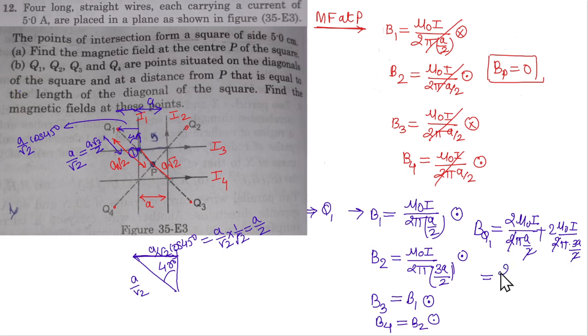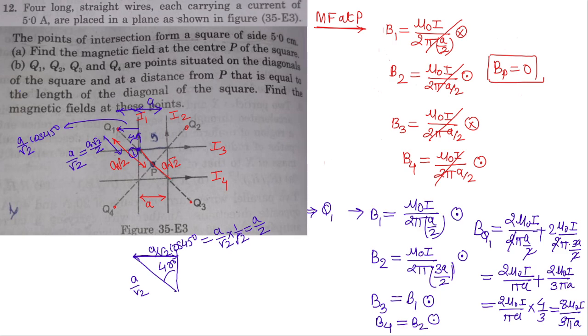So 2 mu naught I divided by pi a plus 2 mu naught I divided by 3 pi a. Taking LCM, you get 2 mu naught I divided by pi a as common, and in the bracket you will get 4 by 3. So finally, the magnetic field at Q1 is equal to 8 mu naught I divided by 3 pi a.